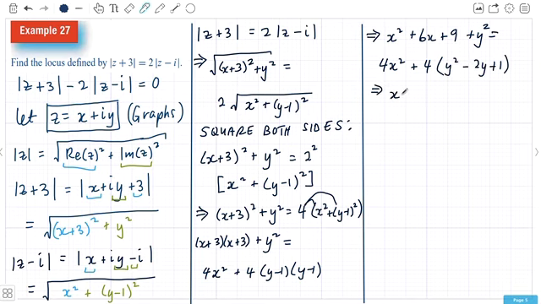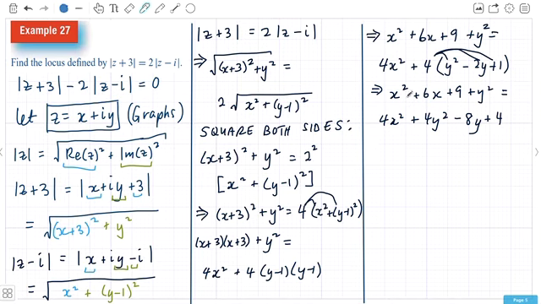Nearly done. x squared plus 6x plus 9 plus y squared equals 4x squared plus 4y squared minus 8y plus 4. I'm just expanding this. And now what we're going to do is put everything onto the left hand side. So you want to just simplify things a little bit, and I'll do this with blue.